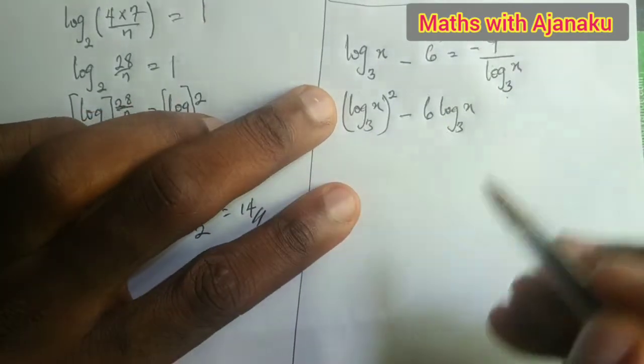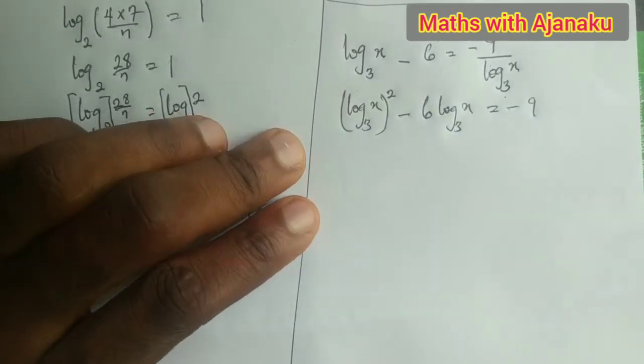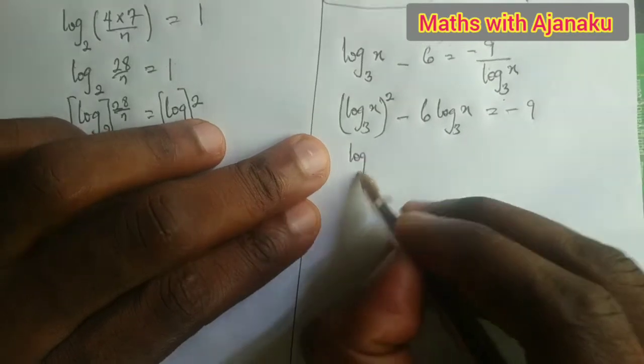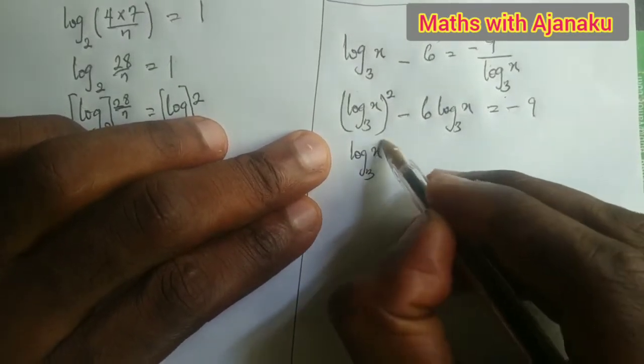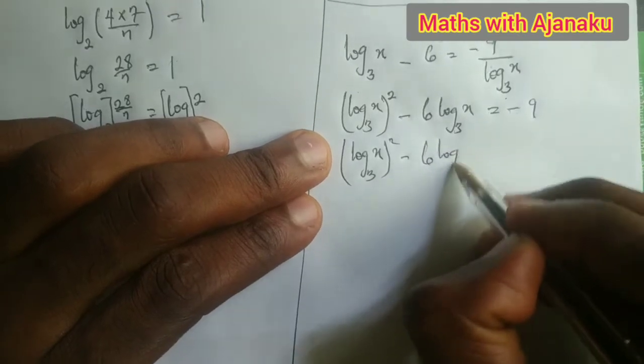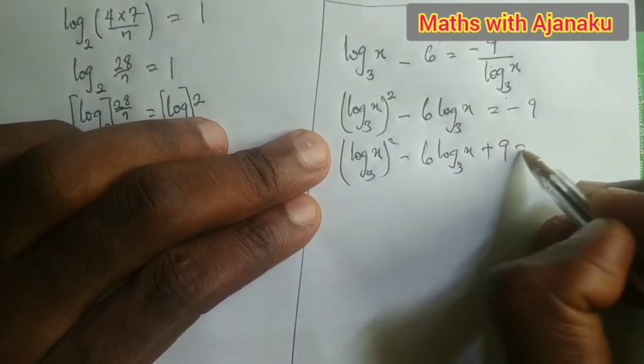Then when you multiply this, it becomes minus 9. So when I bring in this minus 9, this becomes log base 3 of x raised to power 2 minus 6 log base 3 of x plus 9 equal to 0.